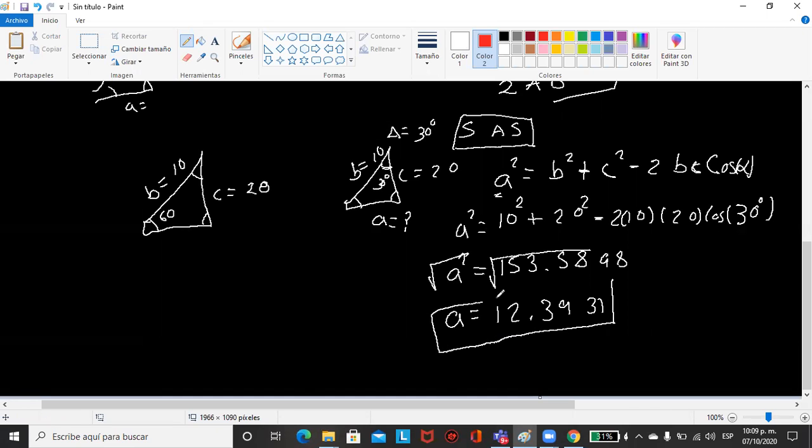Okay, so the answer for A is this one. So A is equal to 12.3931.